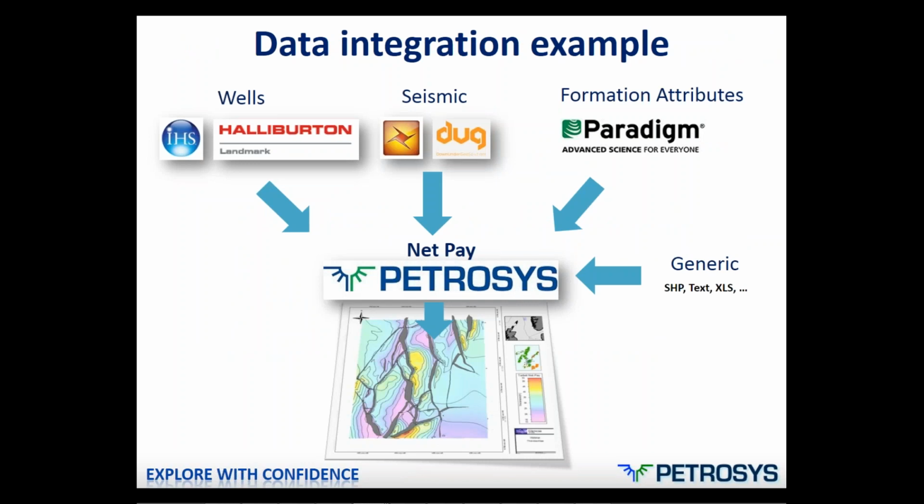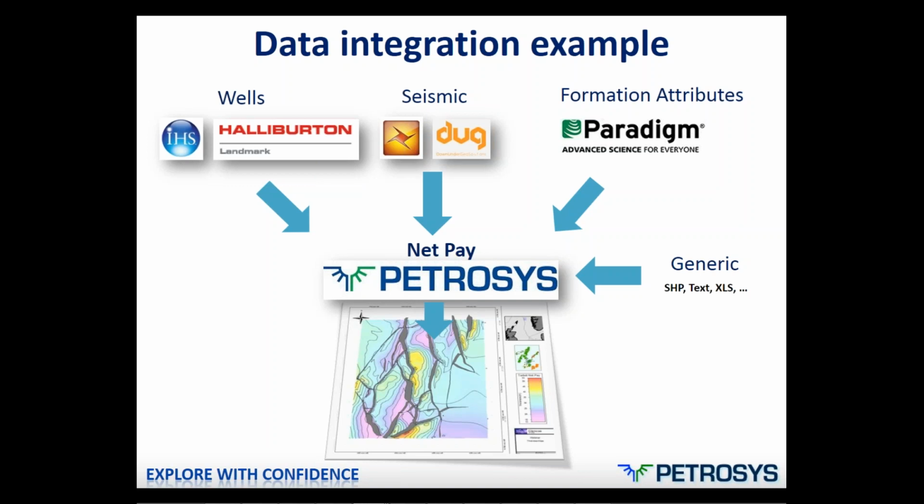As an example of the data integration, you can see we can pull well data from interpretive data sources like Halliburton's Landmark tools or IHS, and seismic from various interpretation tools like DecisionSpace or Petrel, and pulling formation attributes from such tools as Geolog and Paradigm products.